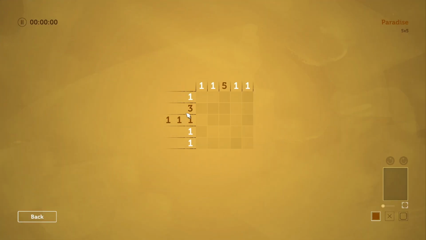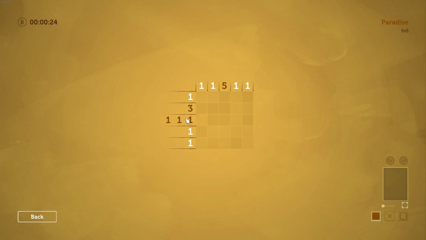Nonogram is a cute little puzzle game where we are given clues on the edge of a grid, each representing how many cells within its column or row are painted in. And when there are multiple clues, they represent different groups with a space between them.